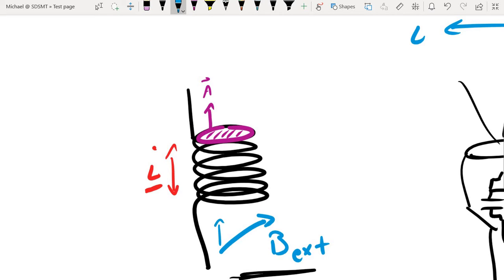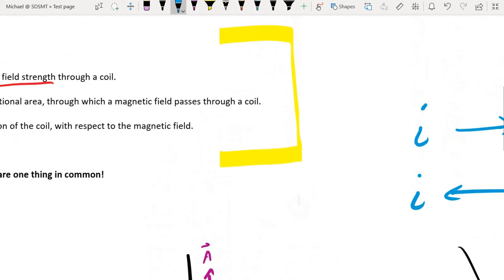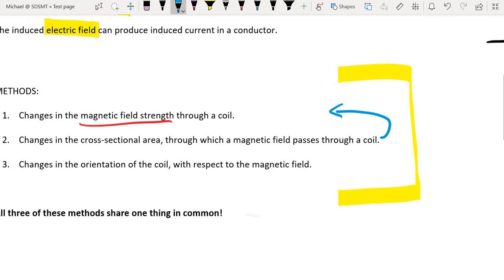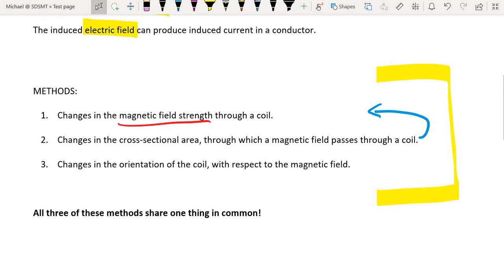There would be a component of that magnetic field that points in the direction of A, but then there would be a component that points perpendicular to that. And so any changes in the magnitude of the magnetic field as it passes through the coil, well, this is kind of reiterating the first method.